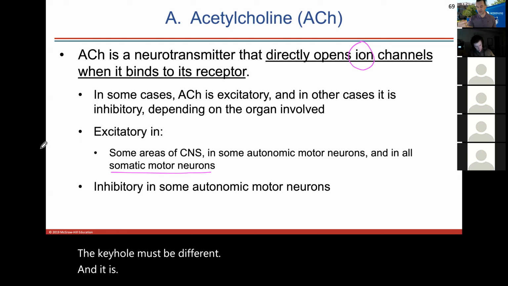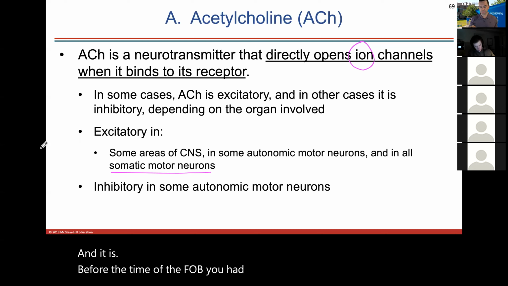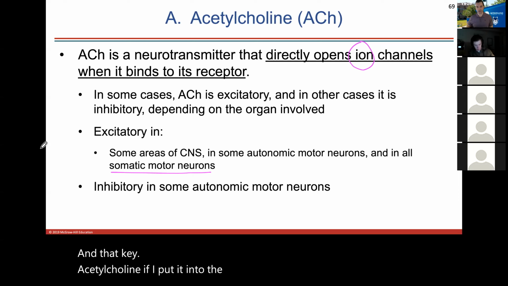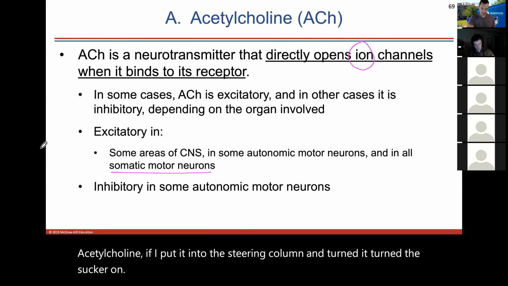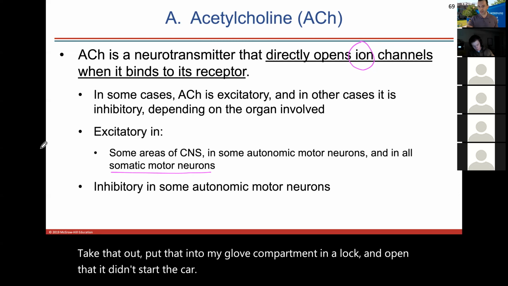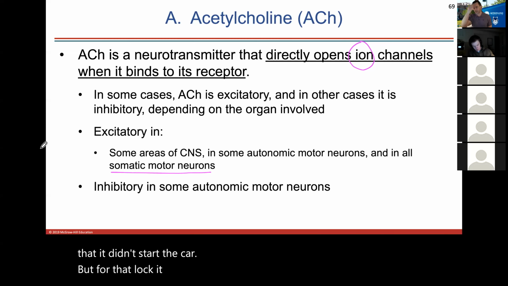Before the time of the fob, you had a key. And that key, acetylcholine, if I put it into the steering column and turned it, it started the car. Take that out, put that into my glove compartment, it'll lock and open that. It didn't start the car, but for that lock, it opened up the glove box.